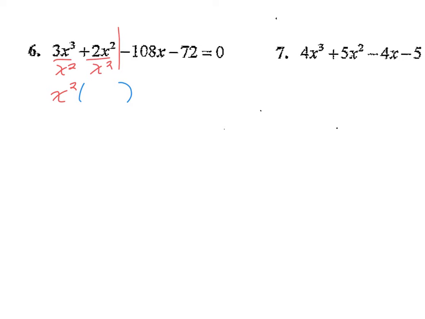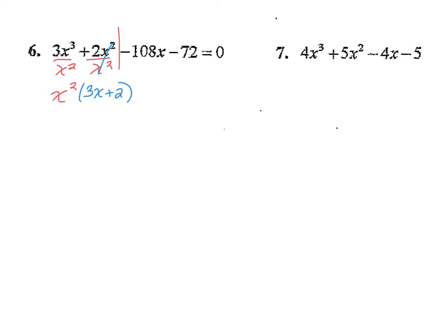And so then 3 divided by 1 is 3. And then x cubed divided by x squared, subtract exponents, you get x to the first. And then plus 2 divided by 1 is 2, so plus 2. And then the x squared should cancel, so these just cancel.